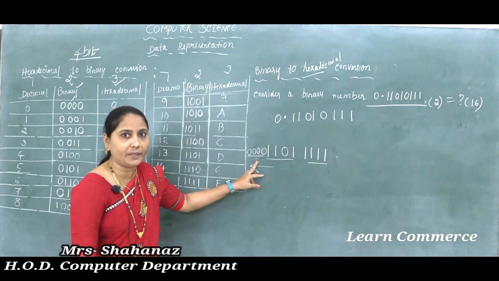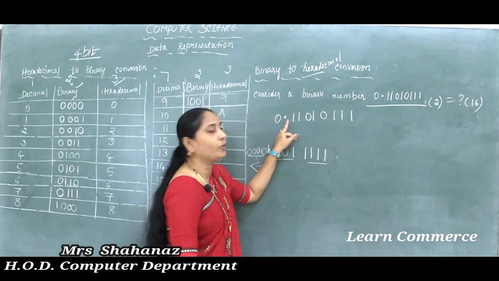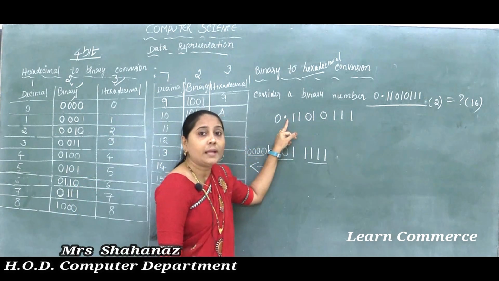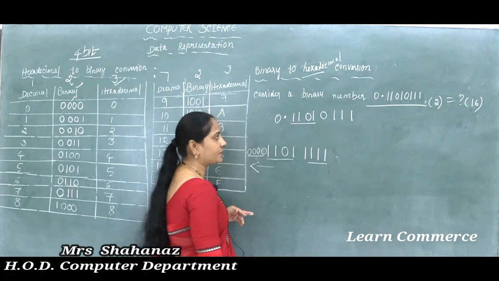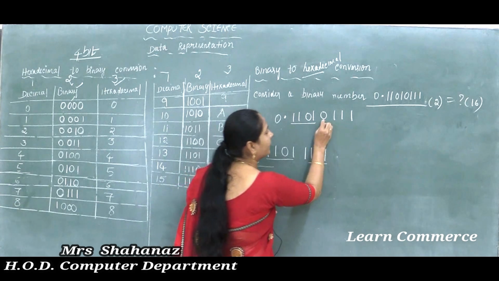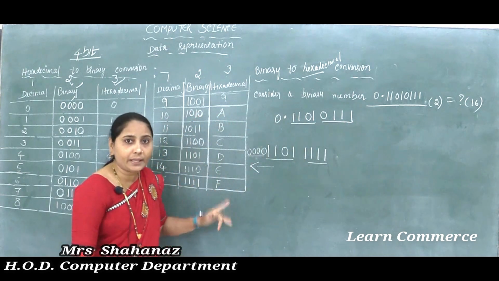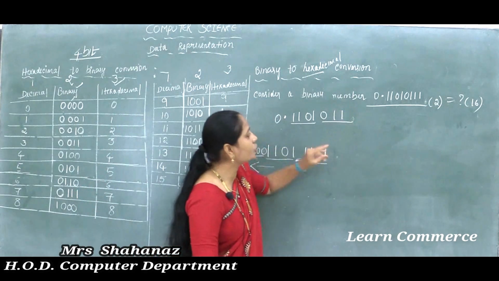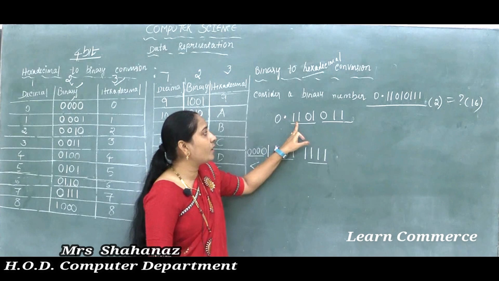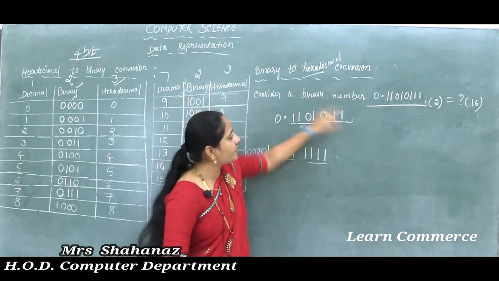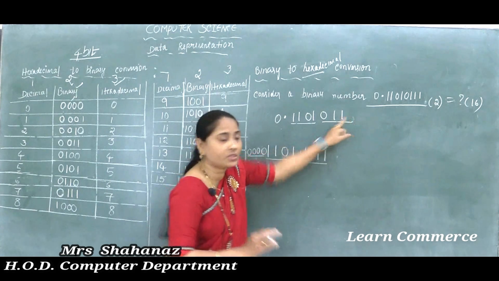But in the case of our fractional point where we need to use the 0, we can say that 1101 has 4 bits, and the next one also has 4 bits, no problem. But maybe in this question, first we get 1101 with 4 bits, but in our second group just 3 bits are there, that means sure we need to use the 0.